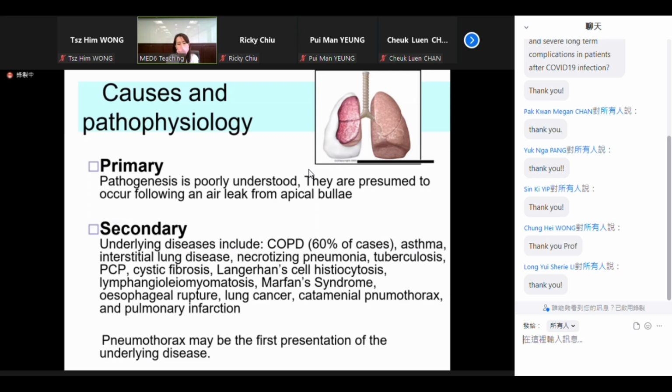So these are less common causes. Sometimes pneumothorax may be the first presentation of the underlying lung disease. That means a patient presents with pneumothorax, and then you diagnose something like tuberculosis afterwards.